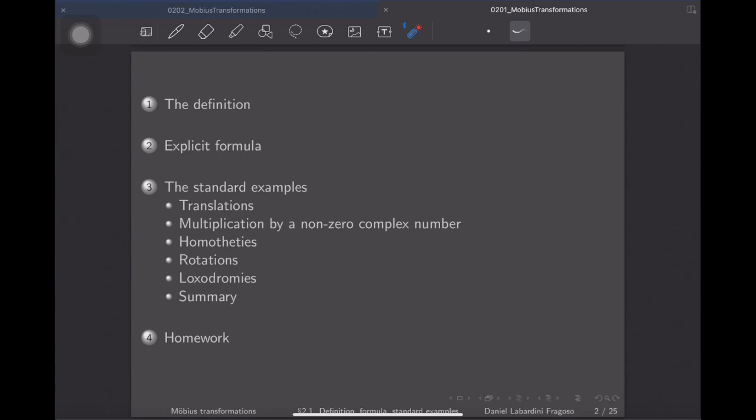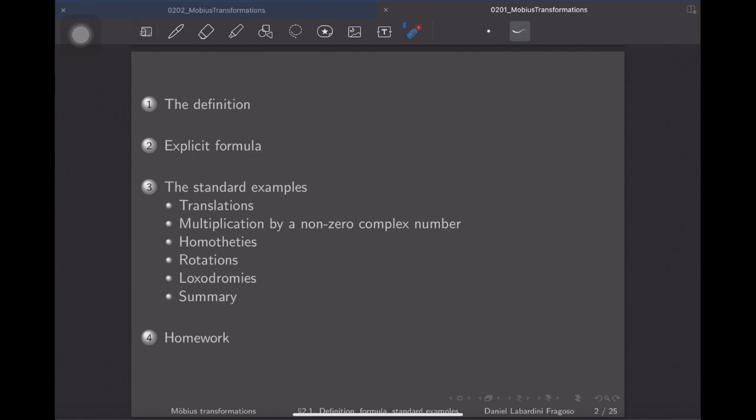Whenever we have an ordered basis of C2, every one-dimensional vector subspace of C2 can be written in normal form with respect to this basis, with z v1 plus v2 appearing, or 1 v1.